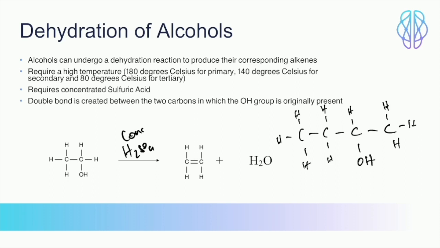If I were to perform the dehydration reaction, essentially what would happen is I would get rid of this bond here, and I would have a double bond in this position. Just remember, you have the double bond between the carbon and the carbon before.